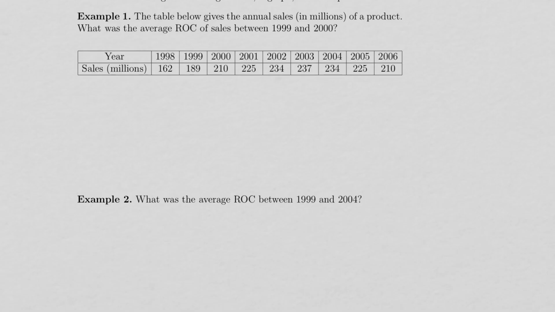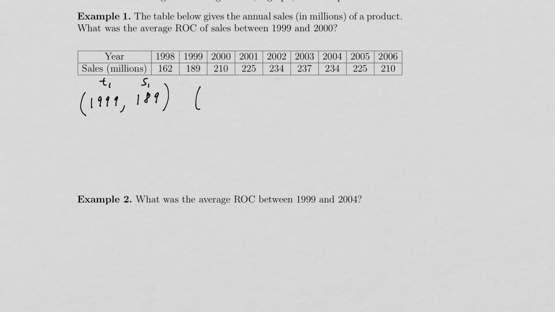So we want to see what's going on during 1999. I'm going to write 1999, comma, and what sales does it correspond to? It corresponds to 189 million. Since it's a year, I'll call this T1, and I'll call this S1 for sales.